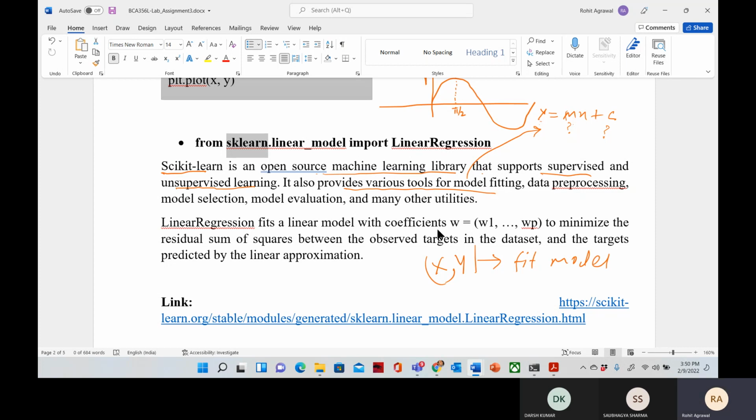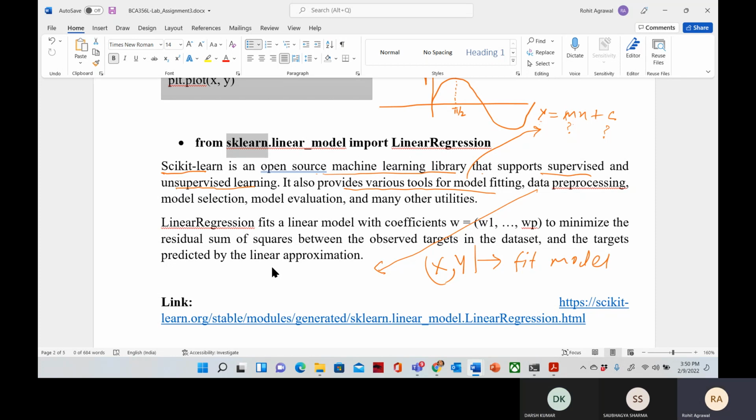So using this scikit-learn library, which supports supervised and unsupervised learning, there are various tools for model fitting and data pre-processing. What is data pre-processing? Sometimes we need to transform our data from one form to another. For example, for email classification, suppose you have email data and your data is text, but mathematics works on numeric data.